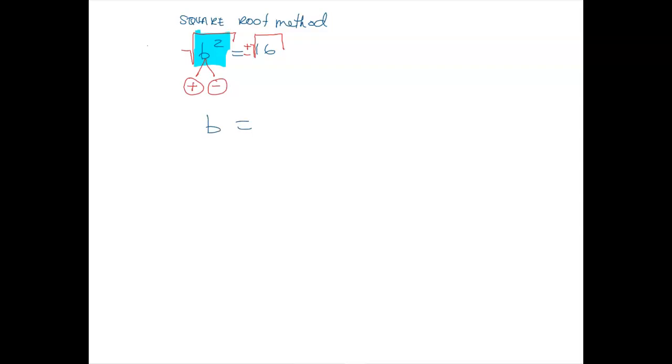Then we have the plus and the minus, and the square root of 16 is 4. And that's it. You only have two steps. Once you understand this part, that's it. B is equal to plus or minus 4. So basically this is the same thing as saying b is equal to 4 or b is equal to -4. That's exactly what the plus minus together means.